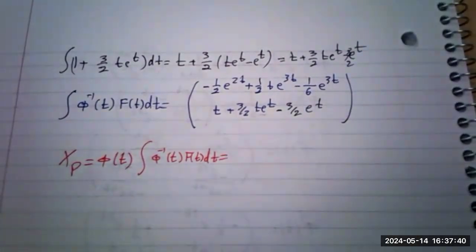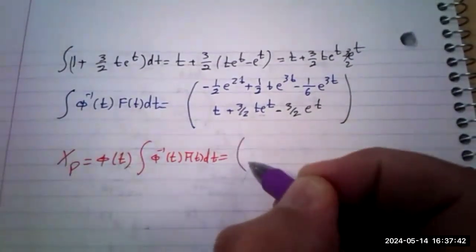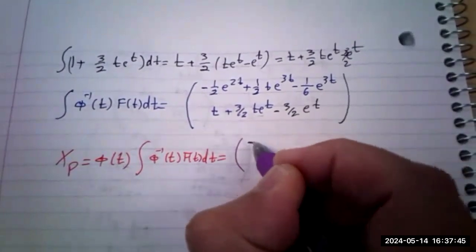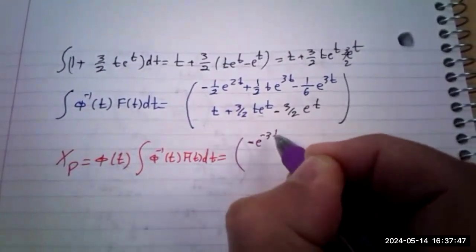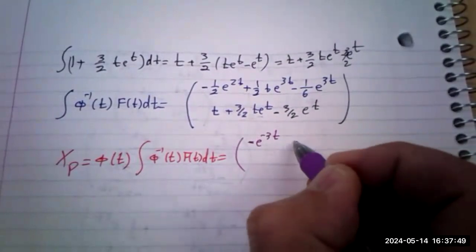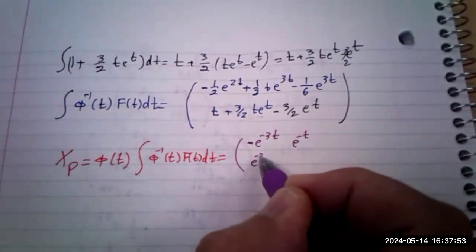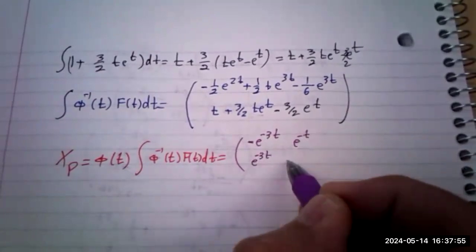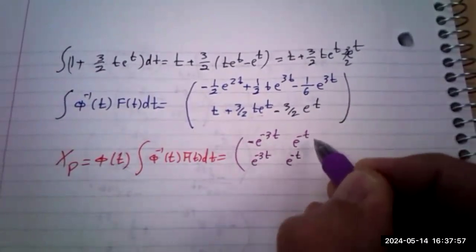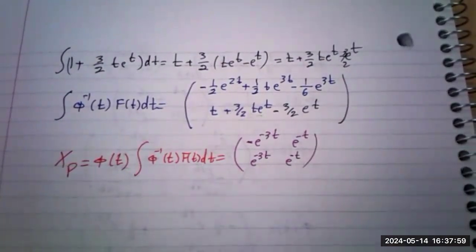So you bring your phi of t, and the phi of t was e to the negative t, e to the negative 3t, e to the negative t again. I think that was the phi of t.